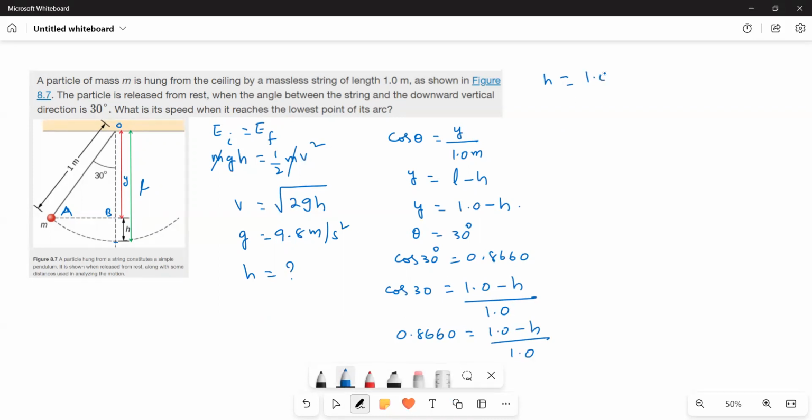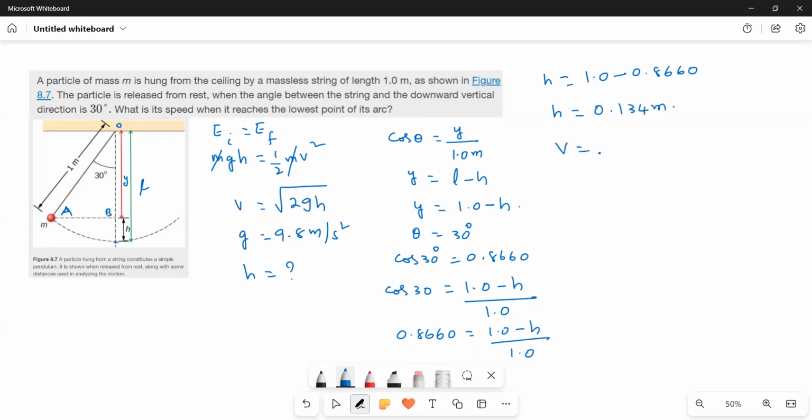This value is therefore h is equal to, what is the amount we are going to get? 0.134 meters.